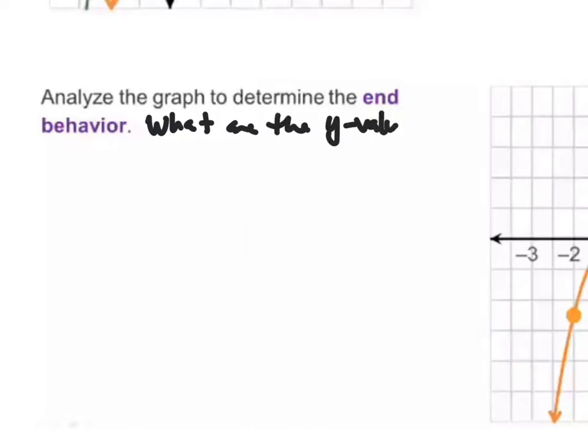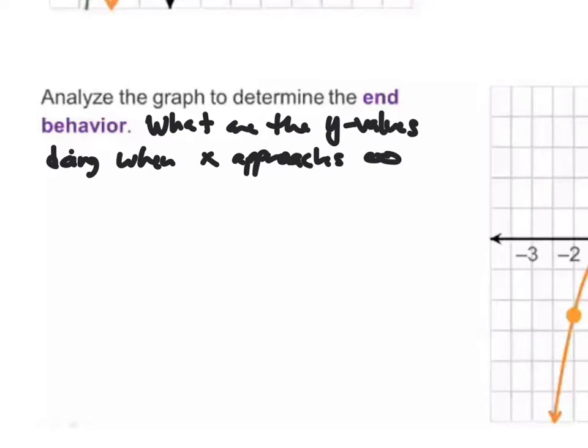What are the y values doing when x approaches positive infinity and when x approaches negative infinity?